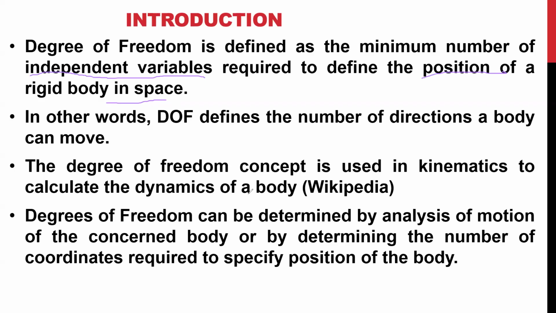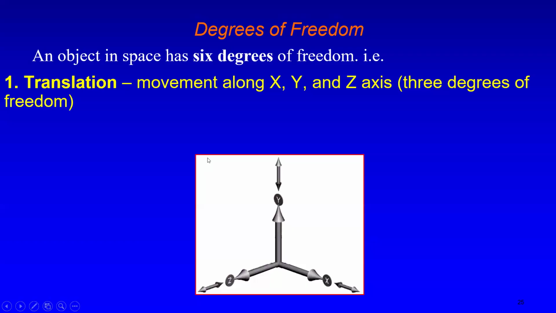The degrees of freedom can be determined by analysis of motion of the concerned body or by determining the number of coordinates that are required to specify the position of the body. Right. Okay. Good. Now, how do we determine the degrees of freedom?